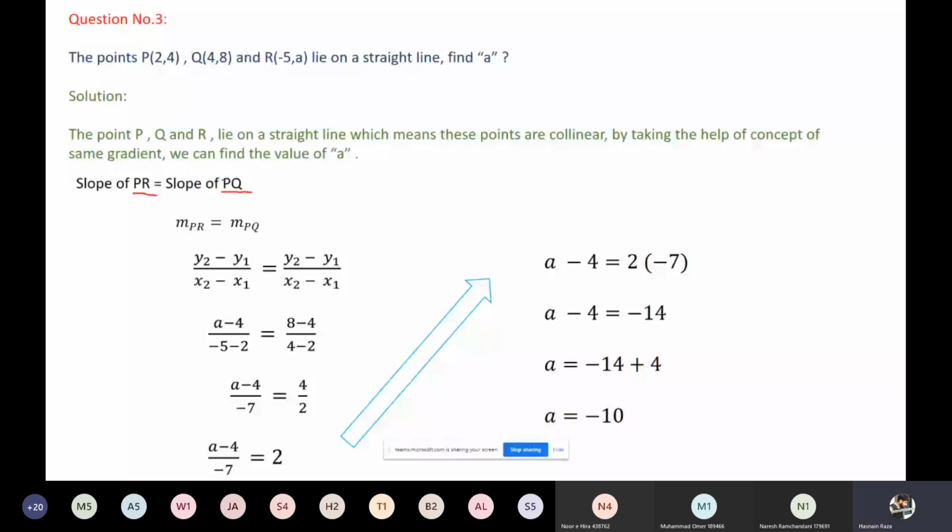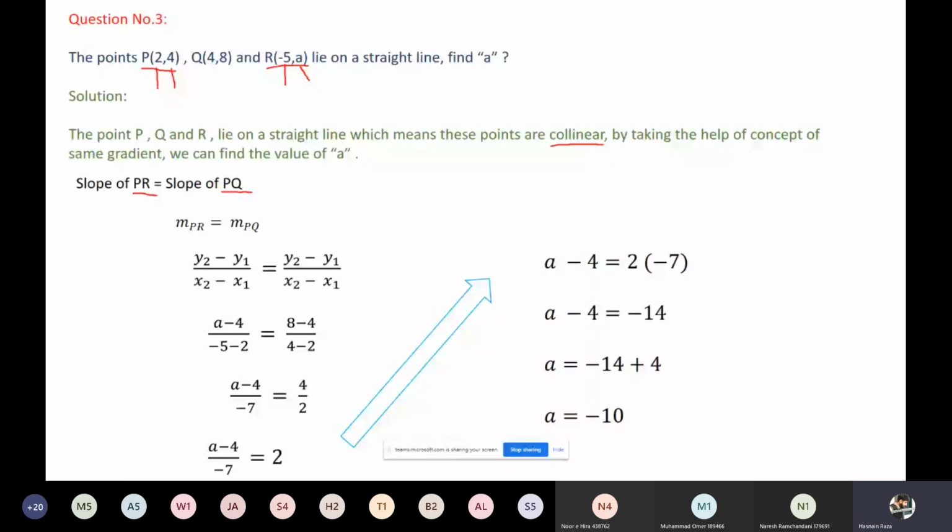Okay, we applied the formula on both sides. y2 minus y1 upon x2 minus x1, for R and P. So this is x2, y2, x1 and y1 for PR.